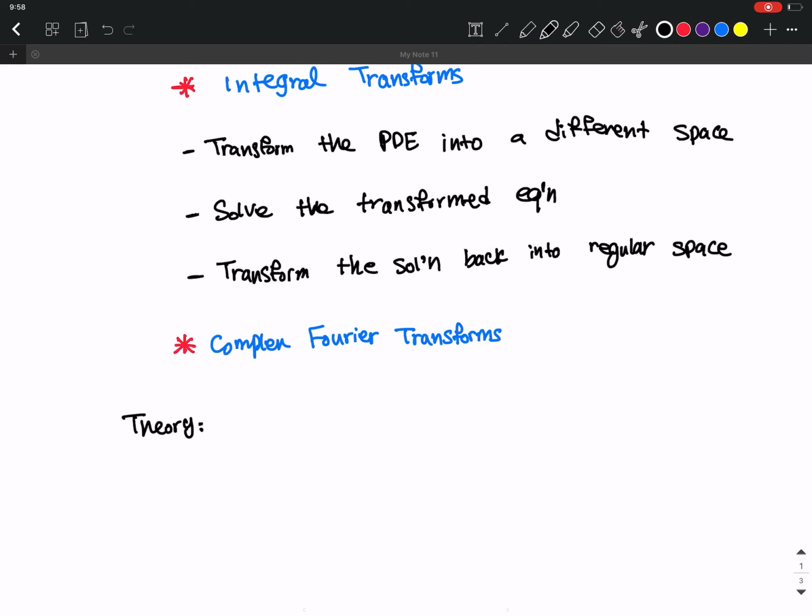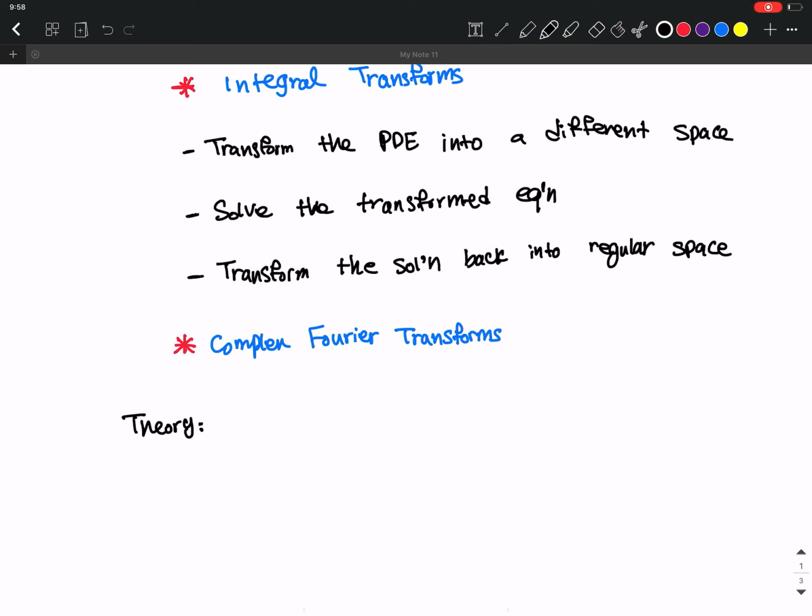So I want to write a general statement about these complex Fourier transforms. In general, we can write any function with some properties by using these integral transforms, in particular these complex Fourier transforms.